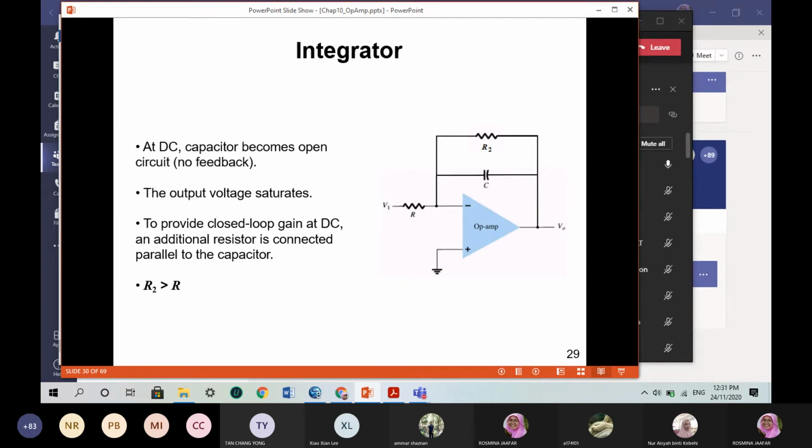But when you add R2 parallel to the C, you are making it an integrator. And R2 must always be higher than R connected at the V in. Okay. The output voltage saturates to provide the closed loop gain at DC, and an additional resistor is connected parallel to the capacitor.